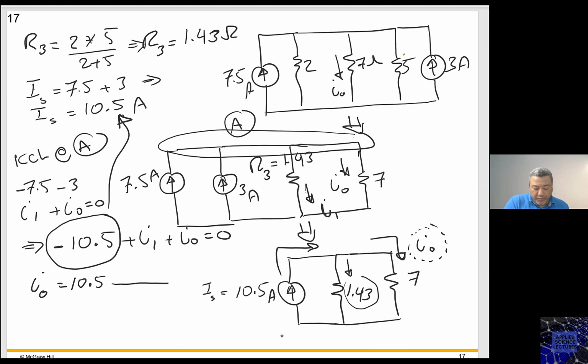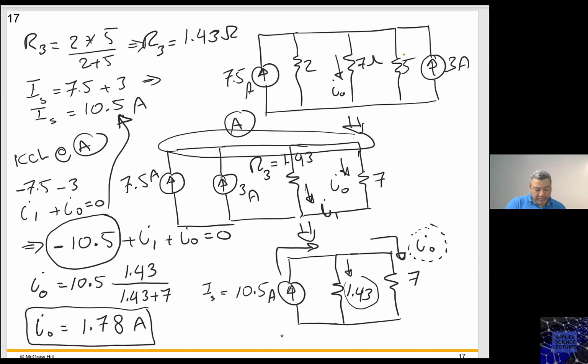So it would be 1.43 divided by 1.43 plus 7, and I naught equals that times 10.5, which is 1.78 ampere. Okay.